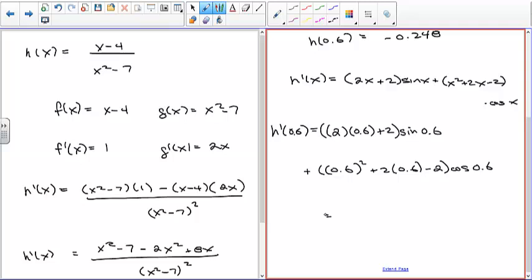So you can stick that in your calculator: 2 times 0.6 plus 2, the whole thing, times the sine of 0.6. And then we get the second term, which is 0.6 squared plus 2 times 0.6 minus 2, the whole thing times cosine of 0.6. And I get a slope of 1.444. I'm just going to take an extra decimal there.